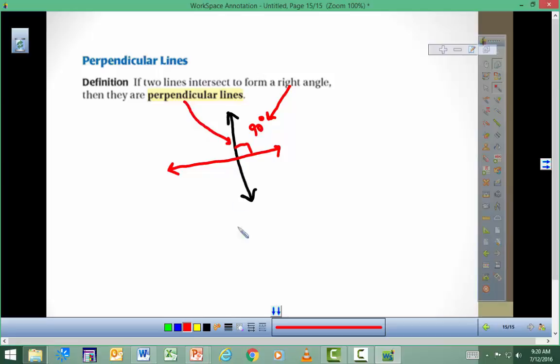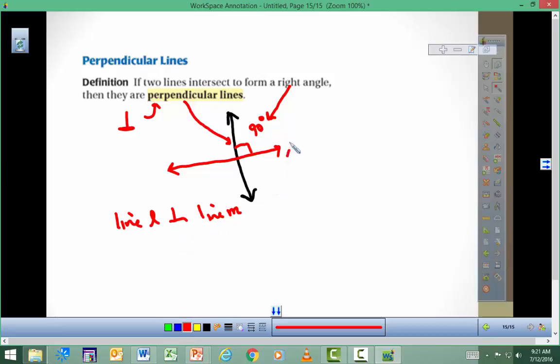So there's the symbol we use, perpendicular. I might add that there's a common symbol we use when we're writing things. We use this symbol here for perpendicular. Okay, so what we'd say is line L is perpendicular to line M. Remember, we could use a lowercase script letter to refer to lines.